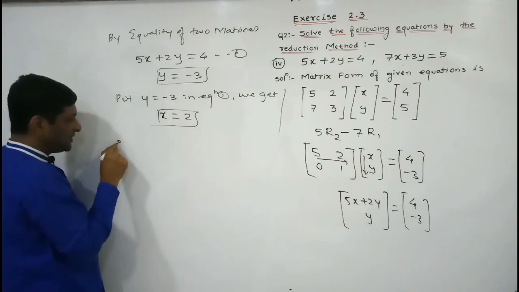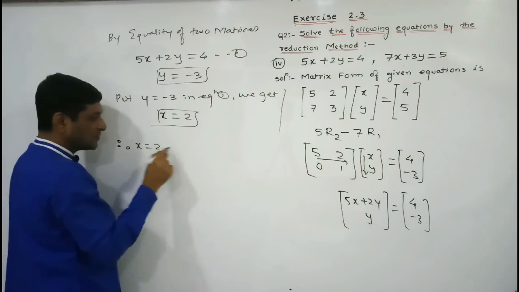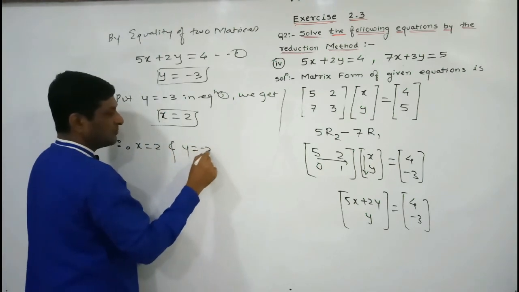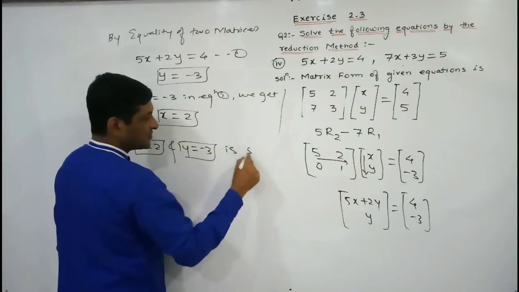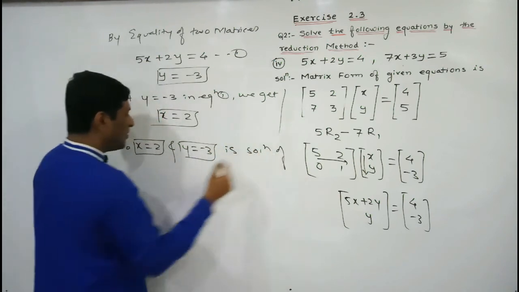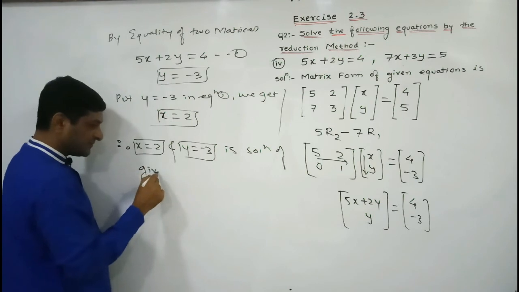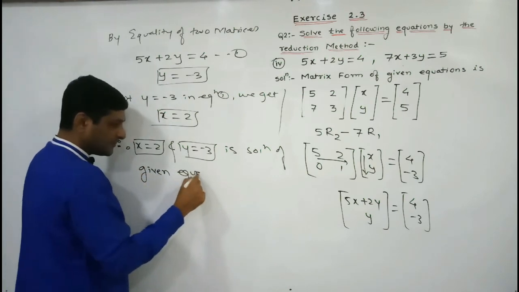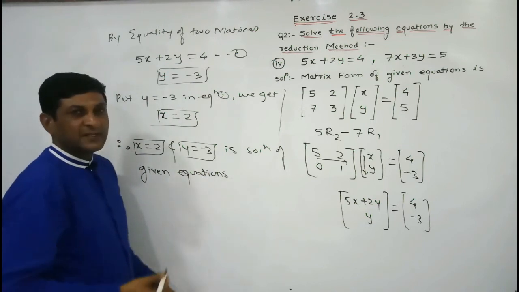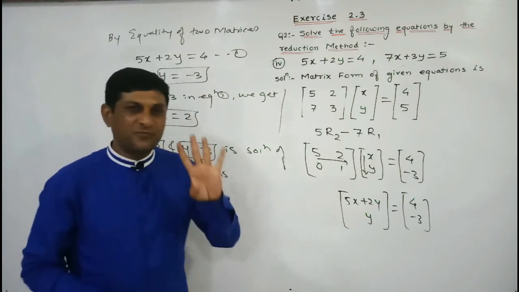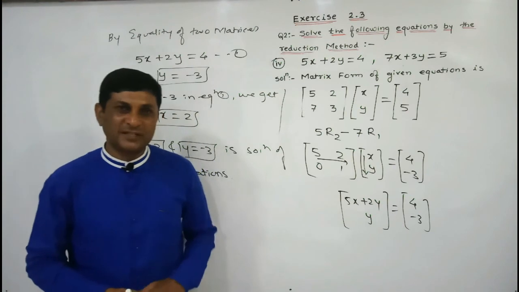So in this way we can say that x is equal to 2 and y is equal to minus 3 is the solution of the given equations. In this way we have solved the fourth example applying the reduction method.